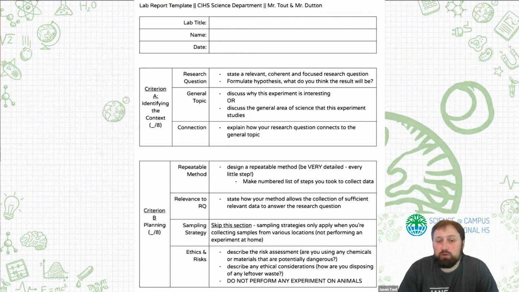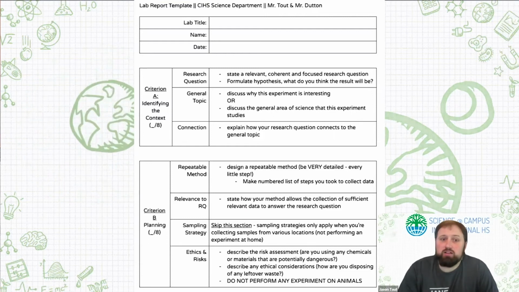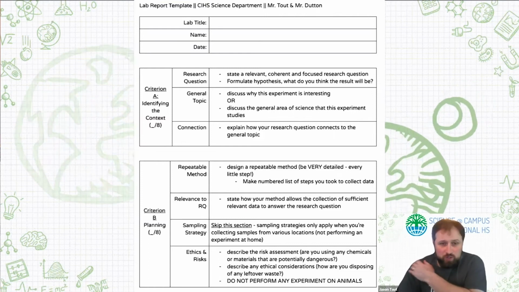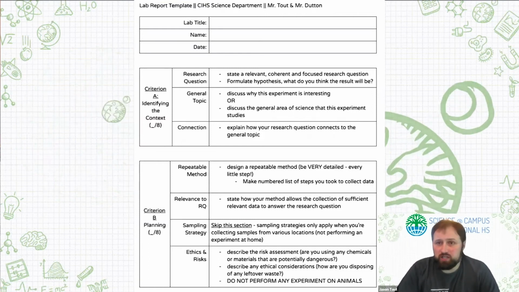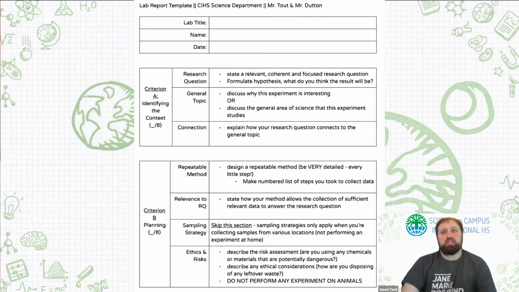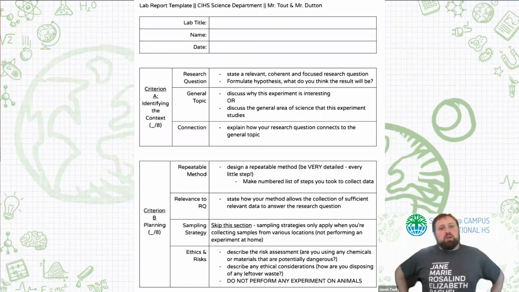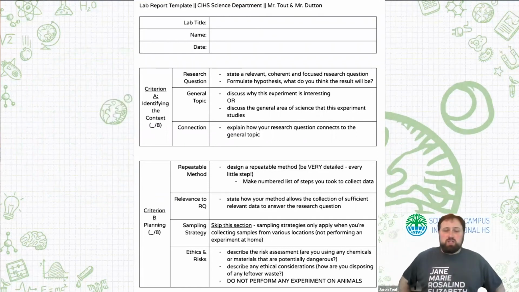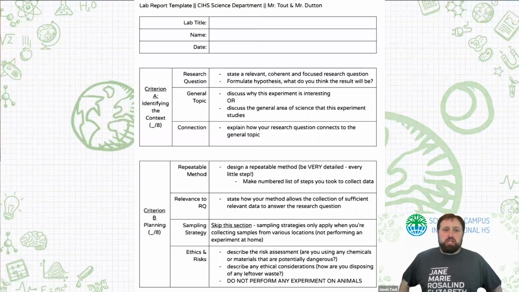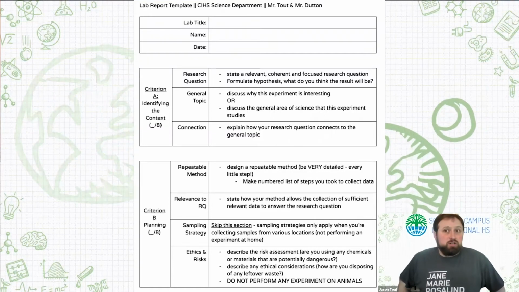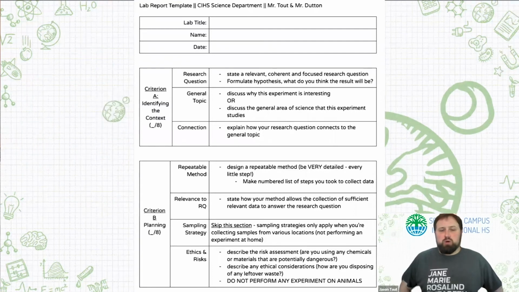Finally, before you do any experiment, need to discuss the ethics and risks. That is, first and foremost, are there any materials that are dangerous to work with? Anything that is sharp or things such as glass that can be broken easily. You also need to discuss if any of the chemicals you're using are potentially hazardous. You also want to think about the ethical considerations of how you dispose of your waste.